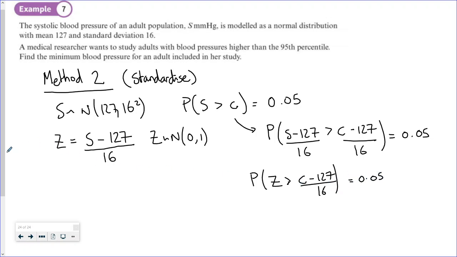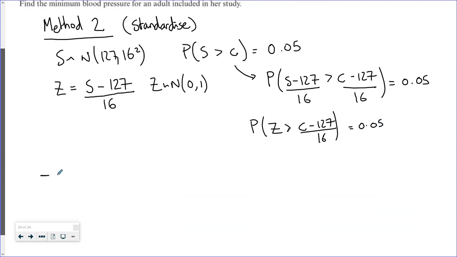So let's draw a sketch of our normal distribution, because now we've got a probability statement about Z, and I'm not actually bothered about S. So let's draw out this Z standard normal distribution. So we know in the middle, the mean of Z is 0, and the standard deviation is 1.